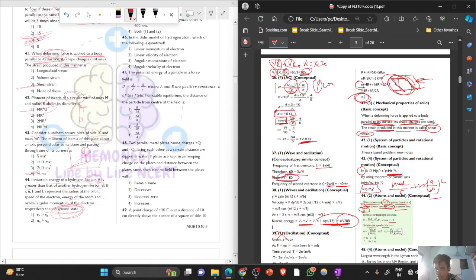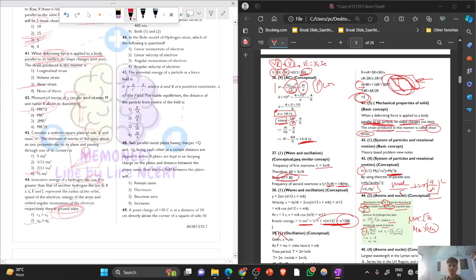And the relations for speed of electron, u is equal to this and r equals to this. You can understand that u is proportional to Z, so uA is greater than uB. That is, the speed of electron in A is greater than in B. So your second option will be the correct answer.